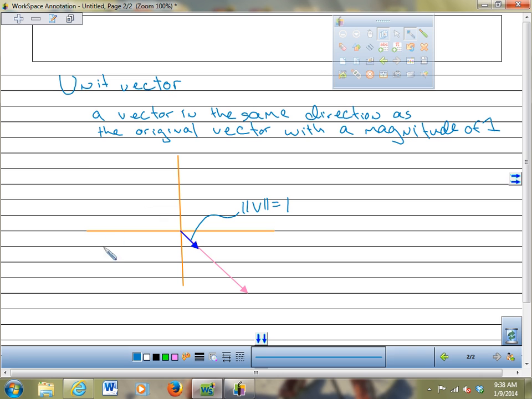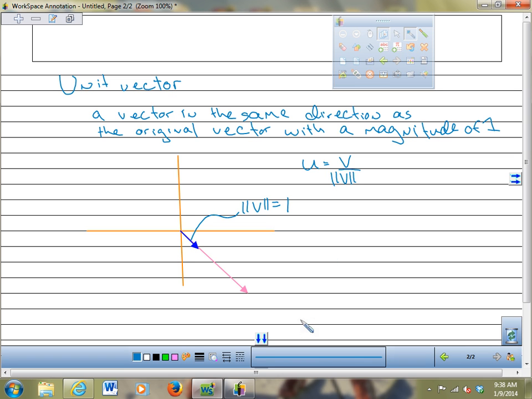Okay? And that becomes important when you're dealing with dot products and you're trying to solve vector problems and things like that, because a lot of times it's nice to have a unit vector. And the formula for a unit vector, if we call it u, it's just the original vector divided by the original vector's magnitude.